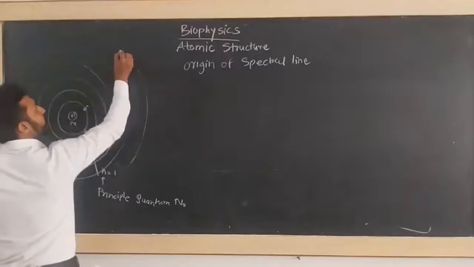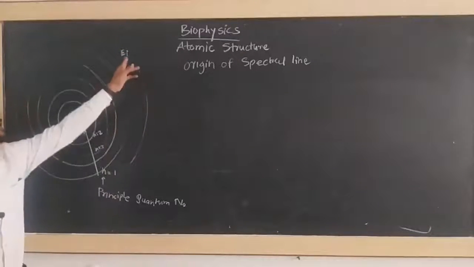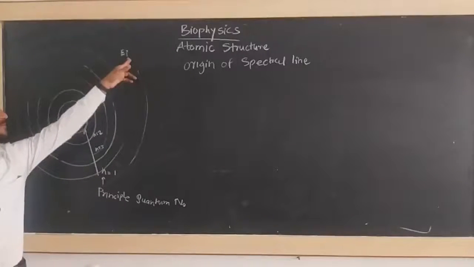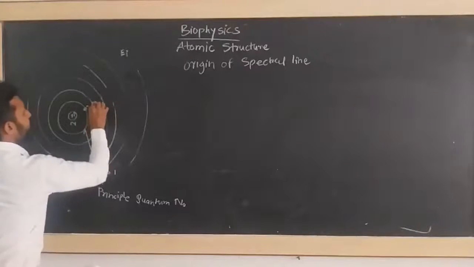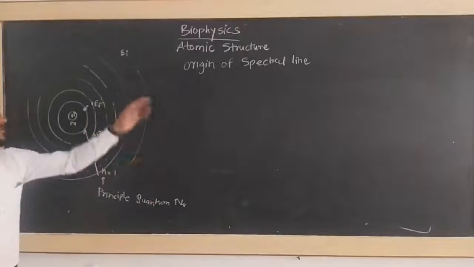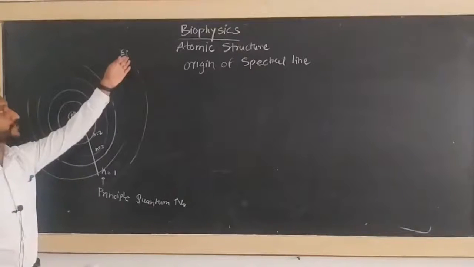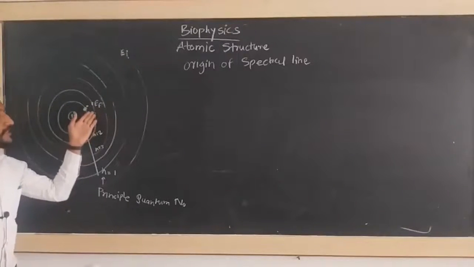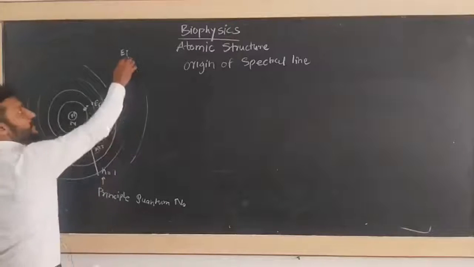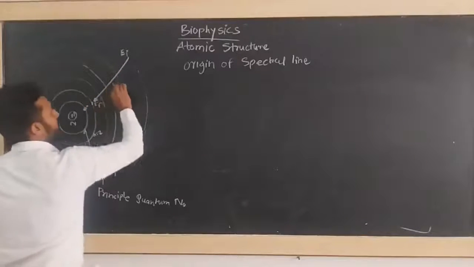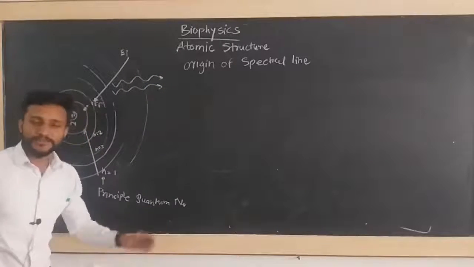If we consider this as the initial energy state and this as the final state, because we are talking about the de-excitation process, then during this transition the energy is released in the form of photons or electromagnetic radiation.